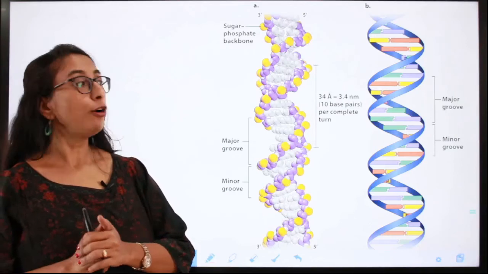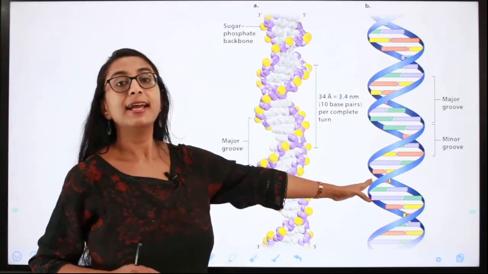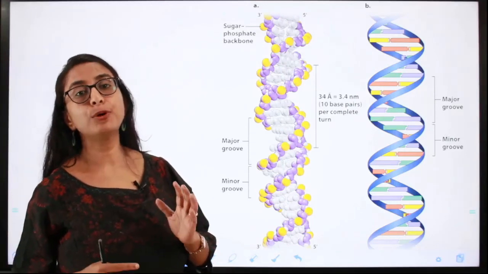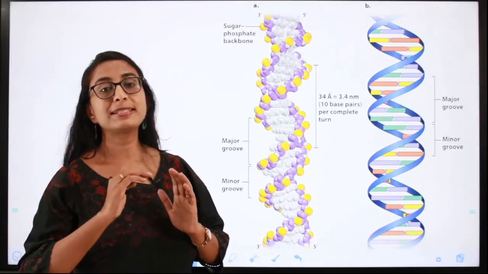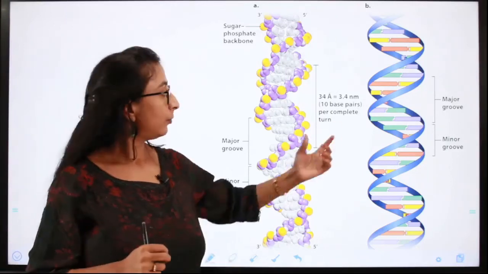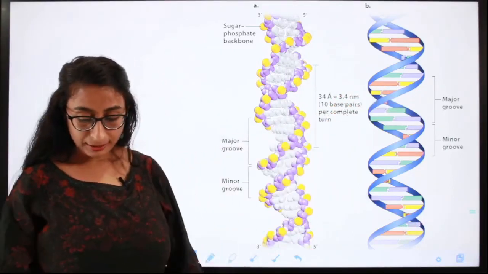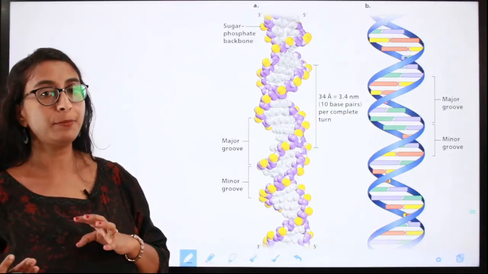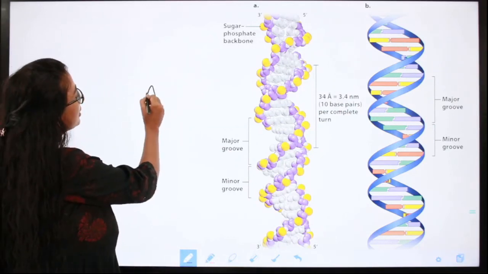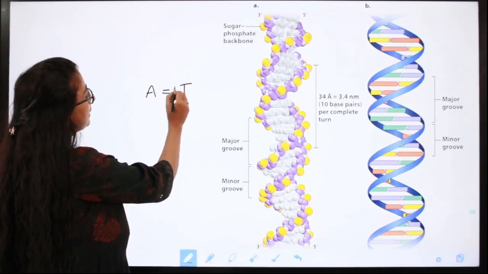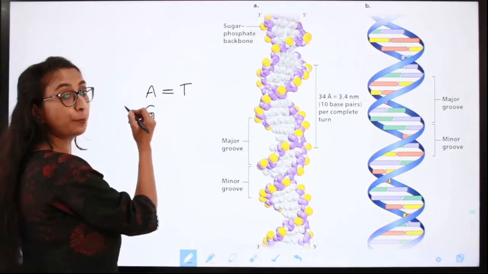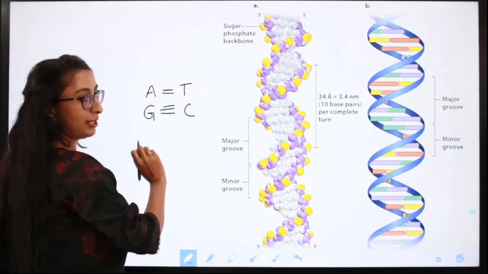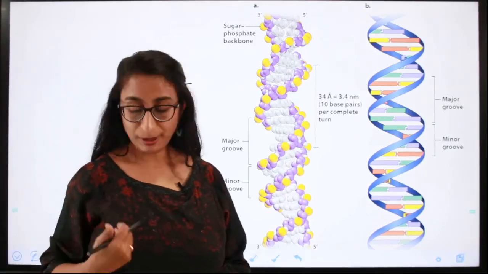And the backbone of each polynucleotide chain is composed of ribose sugar and the phosphate group, and from the backbone you can find the nitrogenous bases projecting here. And then a purine always base pairs with the pyrimidine. Specifically, adenine always base pairs with a pyrimidine called as thymine, and guanine, which is a purine, always base pairs with the pyrimidine called as cytosine. This is what we call it as complementary base pairing.